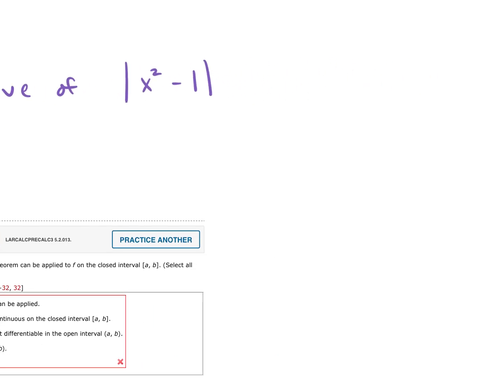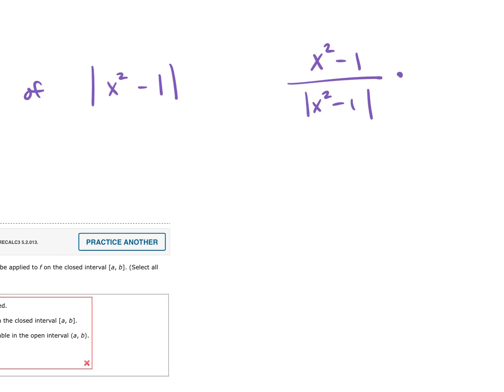So our derivative would be the inside, x squared minus 1, over the absolute value of x squared minus 1, times the derivative of the inside. What's the derivative of x squared minus 1? 2x. So that 2x would go to the top. You can distribute it if you want. You don't have to. Just leave it as 2x times x squared minus 1.